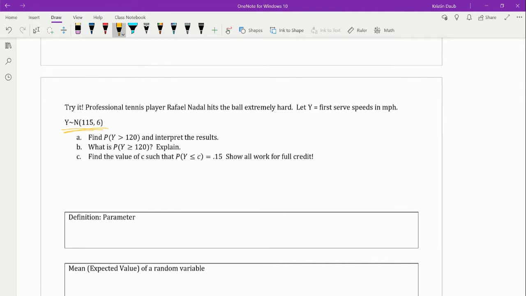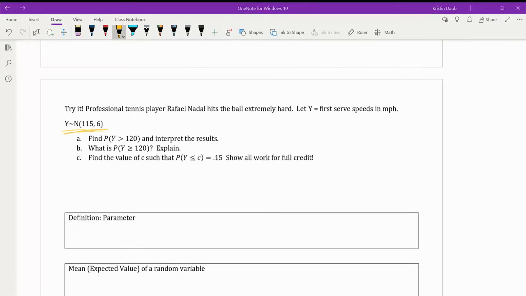Okay, so what I want you to do is pause the video and see if you can answer part A. You have the information about miles per hour, the mean and the standard deviation. Let's see if we can find the probability that y is greater than 120. Keep in mind that I will also ask you to draw the normal curve and shade the area that we care about.